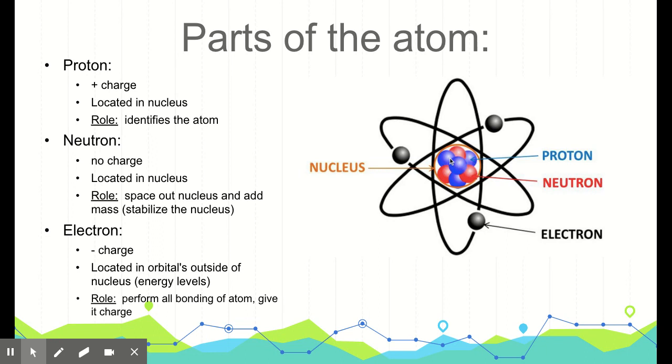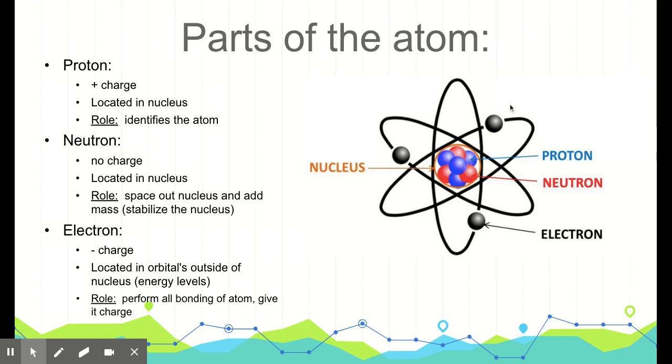Neutrons are also in the nucleus. They are neutral, they don't have a charge. They basically serve as mass, balancing out the mass of the nucleus and kind of stabilizing it. You can change the number of neutrons, and we'll talk about that in a little while. Electrons are flying around the outside, kind of in a big cloud.